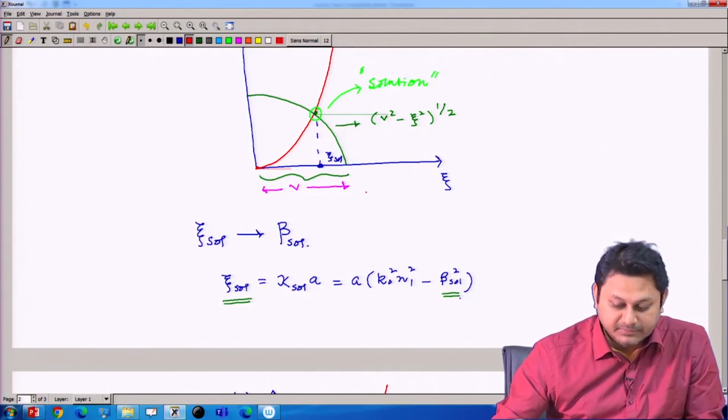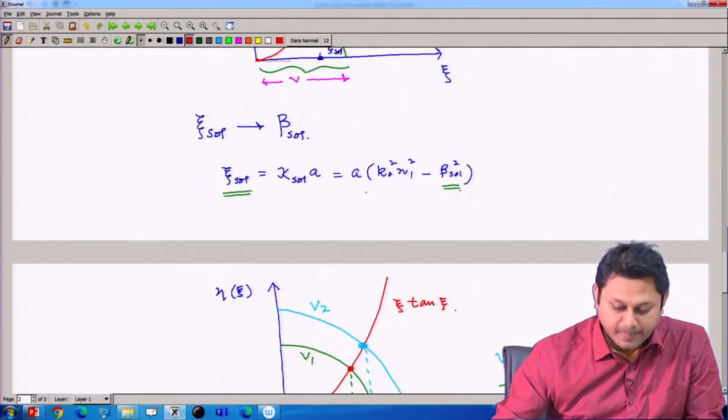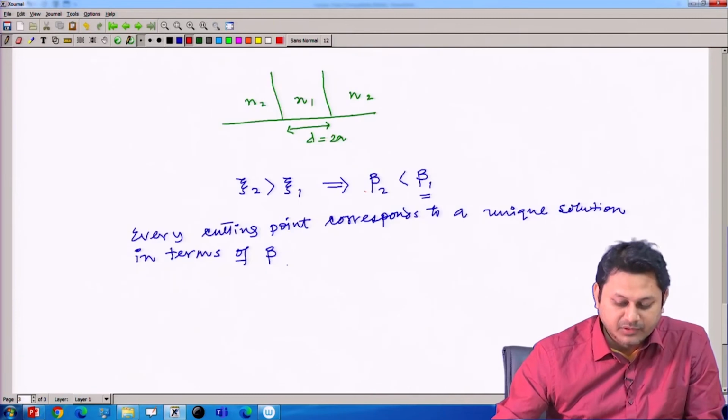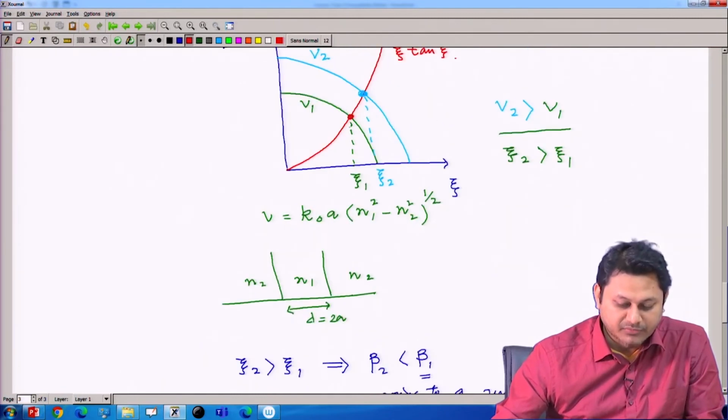So, how will it come? This will give me different values of beta depending on the value of V. For one value of V, I will have only one cutting point, and mind it, this is for a symmetric mode.